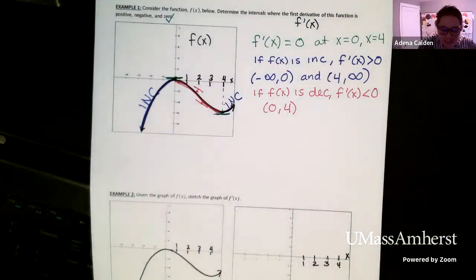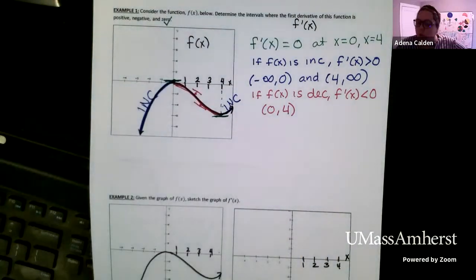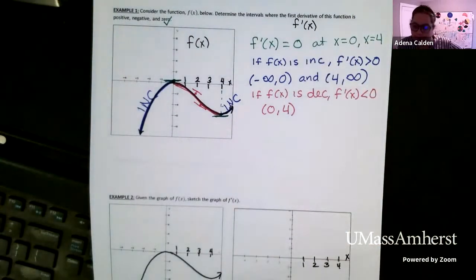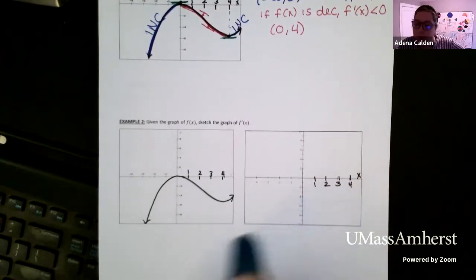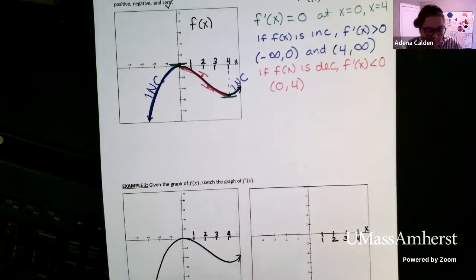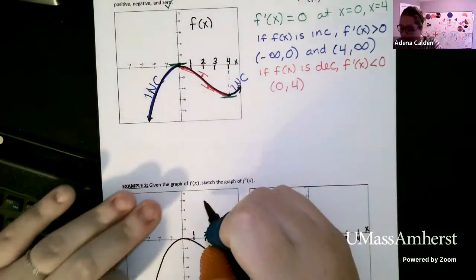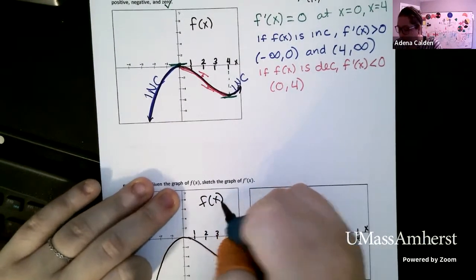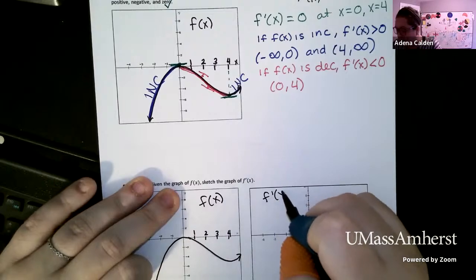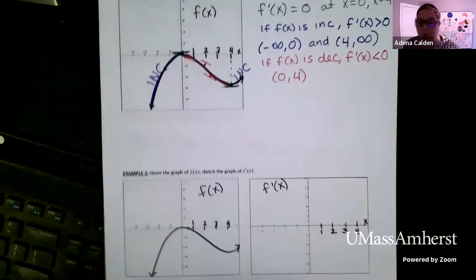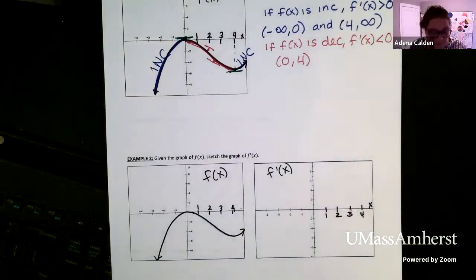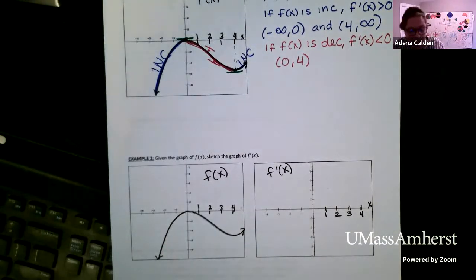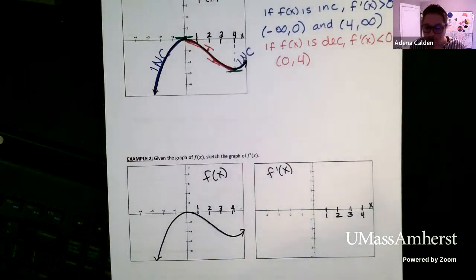Okay, so I've analyzed the original function to get information about the derivative. So now I want to take that information and use it to construct a picture of what the first derivative is going to look like. And as a reminder, when I draw the first derivative, what I'm trying to do is figure out the slope of the tangent line at every single point, putting it together to make a function, right?